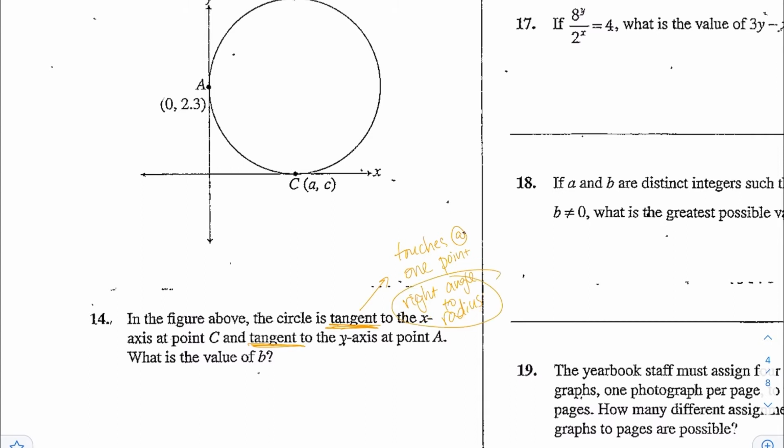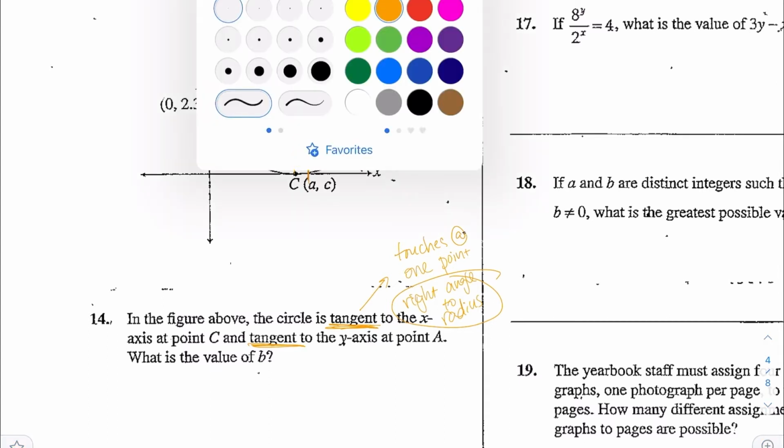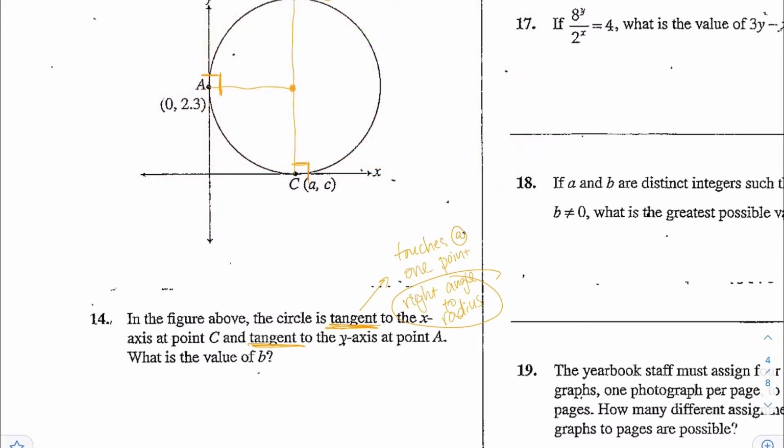So from the center going to point A, it's a right angle there. That's just what tangent means. Then you have another one here to the x-axis, another right angle, going to C. You want to know the value of B, which is the y-coordinate of this point up here, so you can figure out the radius.